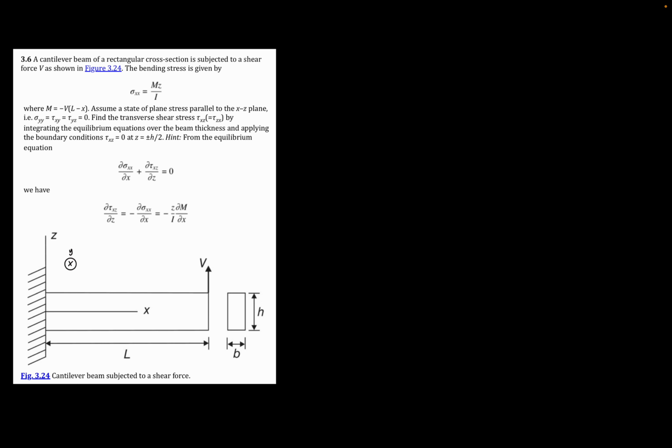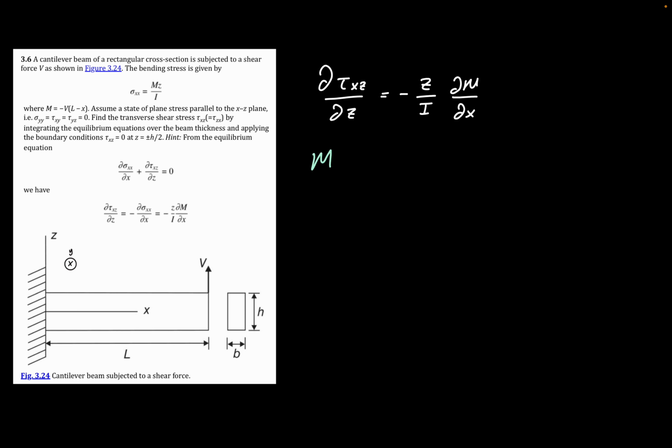So now we're going to start out by writing that relation there where we have partial of tau xz with respect to z is going to be equal to negative z divided by I times partial M partial x. Now we're given the equation for M, and what we can do is take the partial derivative with respect to x so that we can replace this term here.